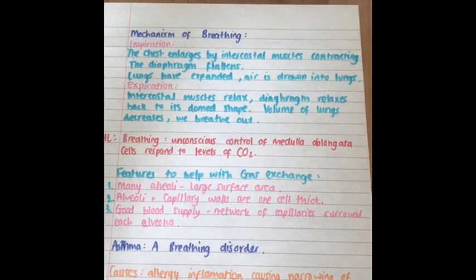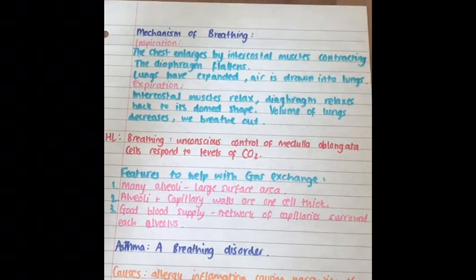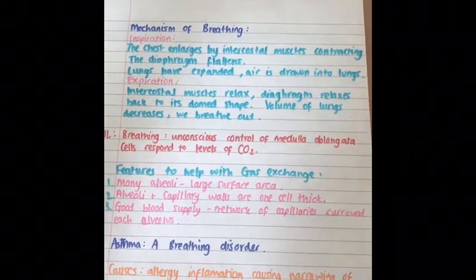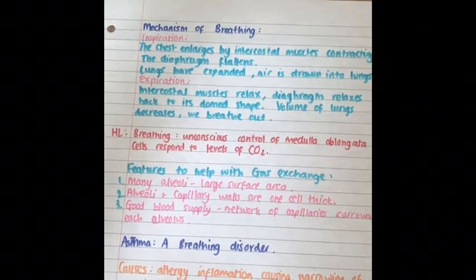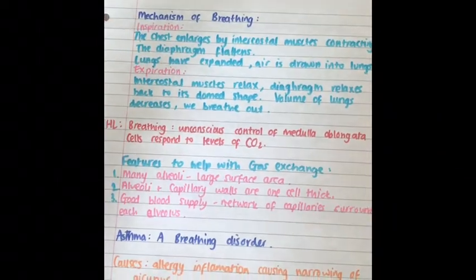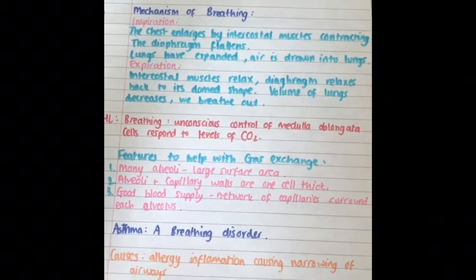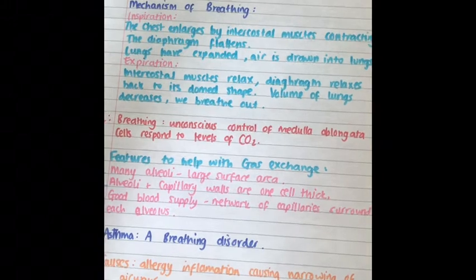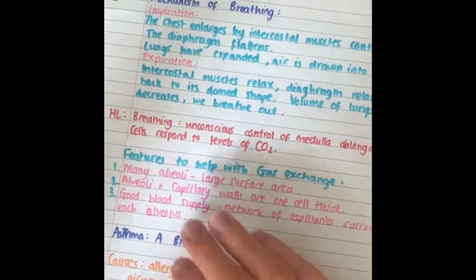As a result, our chest cavity enlarges, meaning that we have more room inside our chest cavity than we normally do when we're at rest, okay? The lungs have expanded as a result, and this causes air to be drawn into the lungs. So that is when we breathe in, that is inspiration or inhalation, okay?